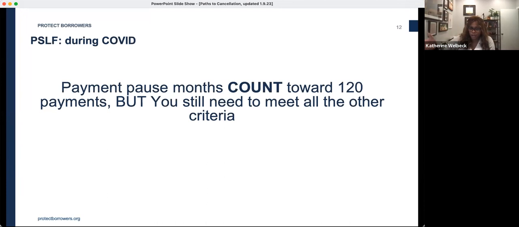So towards that 120 payment requirement. So even though you may not physically be making a payment because of this administrative payment pause, those months still count towards your 120 payment count for public service loan forgiveness. However, you still need to meet each of the other criteria, and the most relevant one being, are you working in a qualified public service?